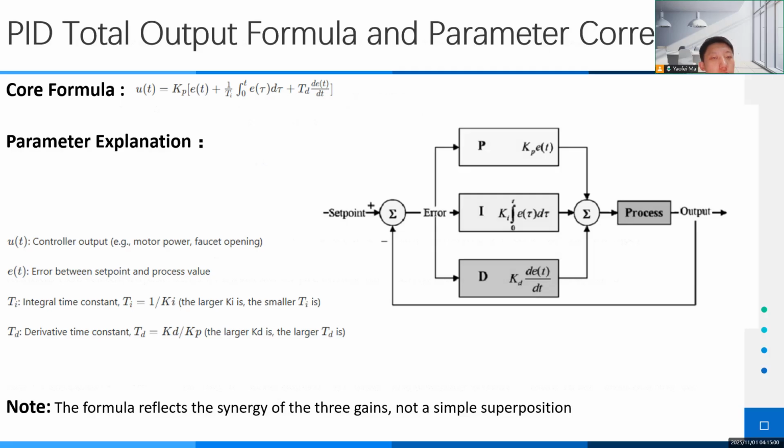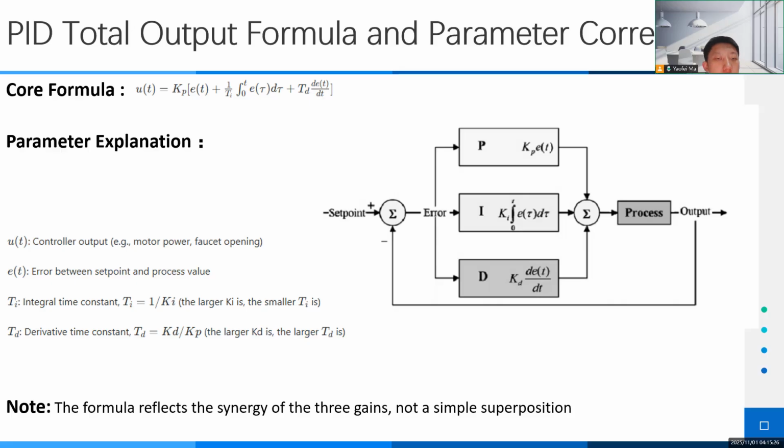E(t), the error. TI, the integral time constant. Bigger KI means smaller TI. TD, the derivative time constant. Bigger KD means bigger TD.